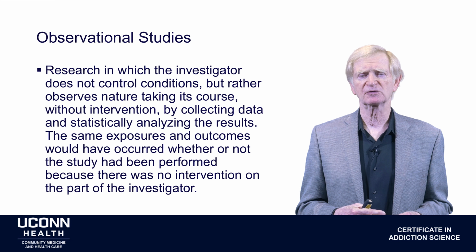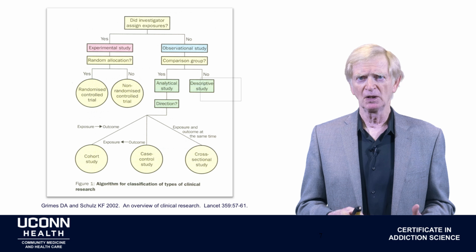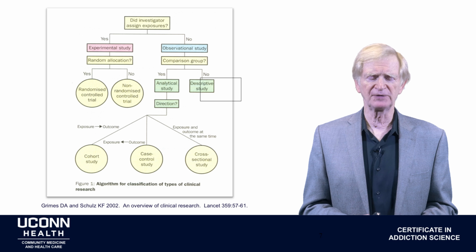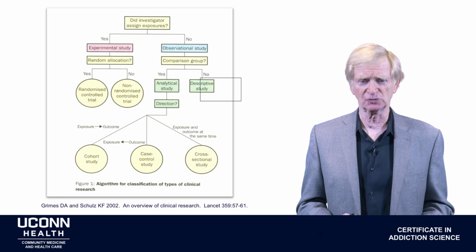There are two types of observational research design, though. One of them is just descriptive. And often, instead of having a comparison group, we're just describing the people who get the treatment.